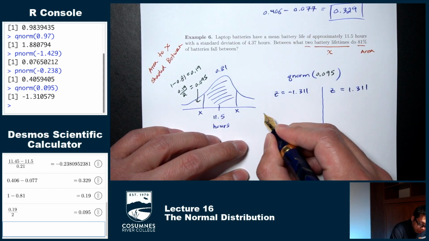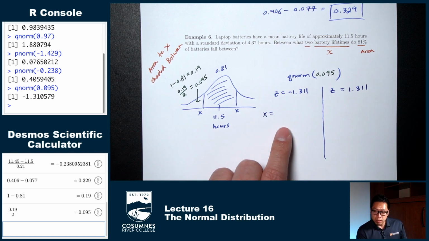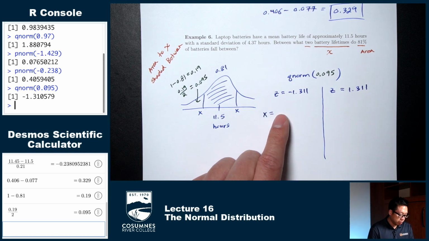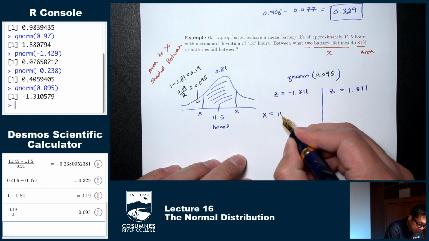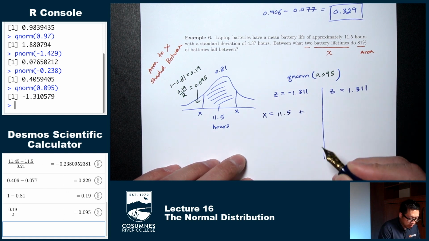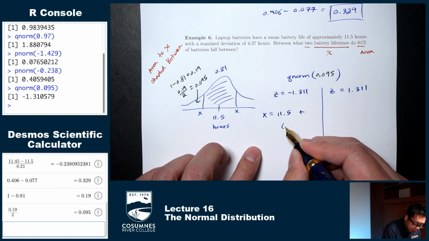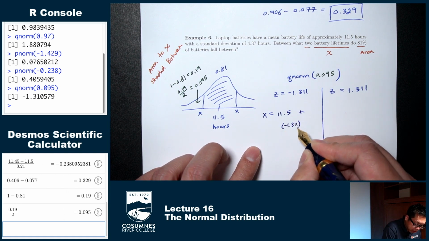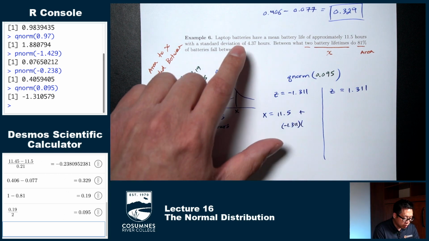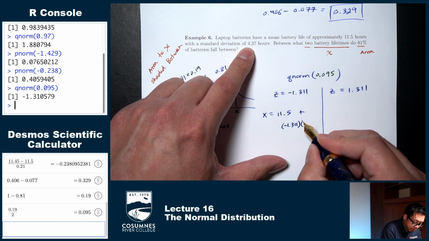The first one's going to be x equals mu, the mean here is 11.5, plus z times the standard deviation. So plus negative 1.311 times the standard deviation, 4.37.